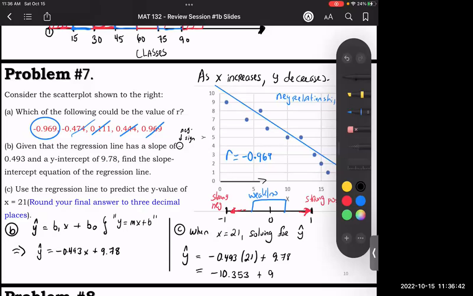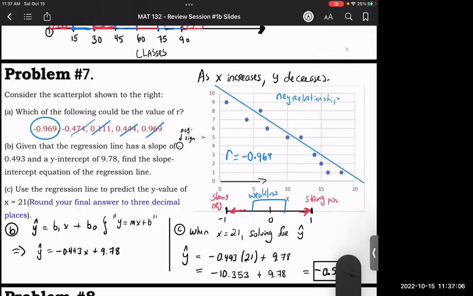And then when you add it to 9.78, what will be your final answer? Yeah, negative 0.573. And that's it. That'll be your final answer.